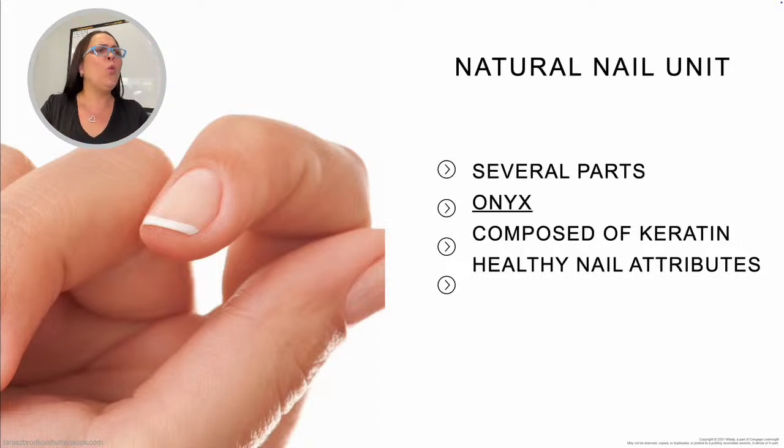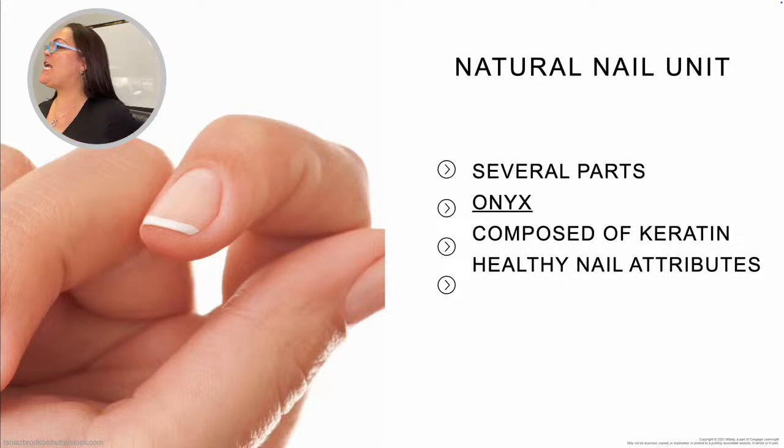Now, how do you recognize a healthy nail? What does it look like? What are the attributes of it? Pinkish color. I don't care what race you are. If your nail bed is black, like the color of y'all scrubs that y'all should be wearing, it's probably not healthy, right?